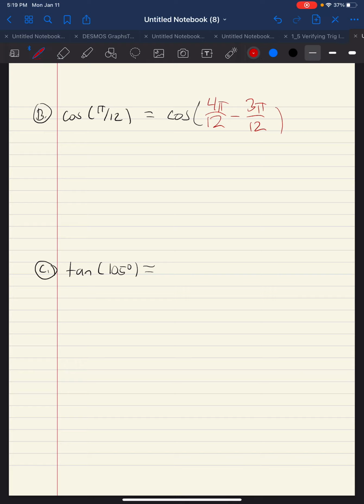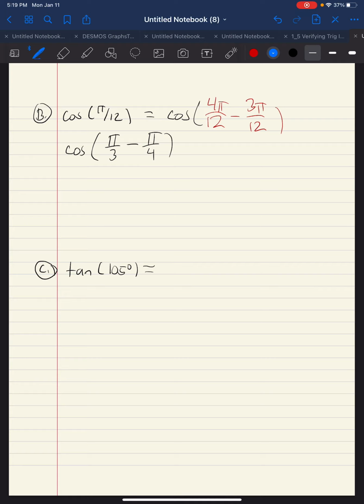So from there, when we simplify, we get cosine of pi over 3 minus pi over 4. And then we use the sum and difference formula for cosine.